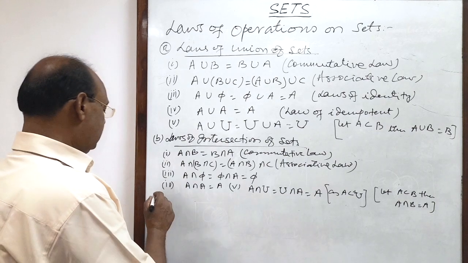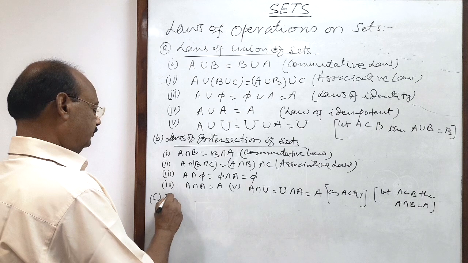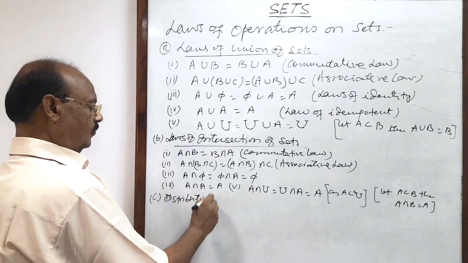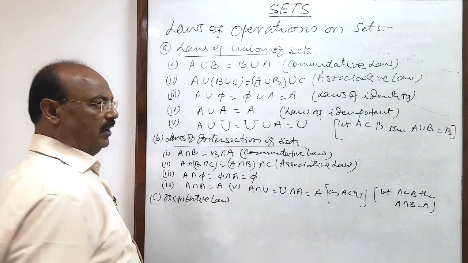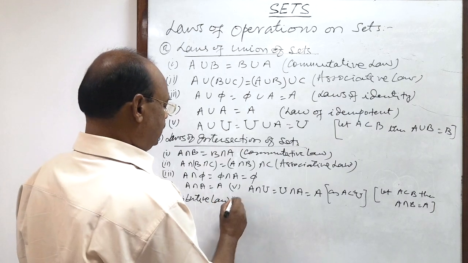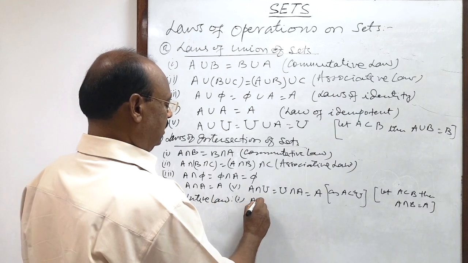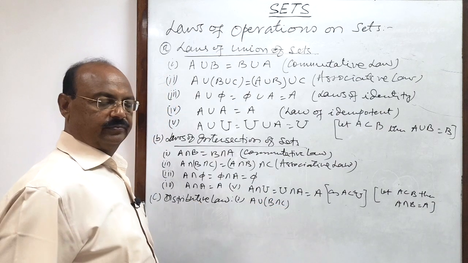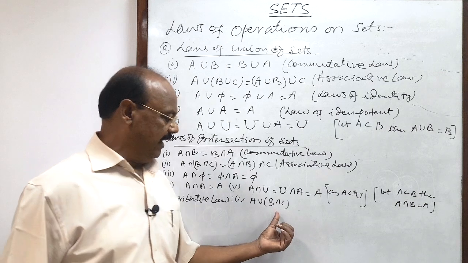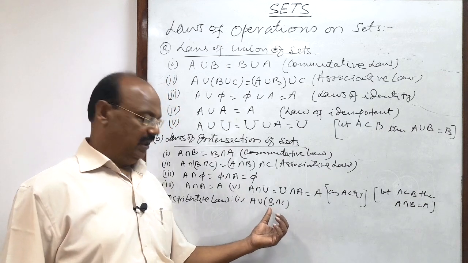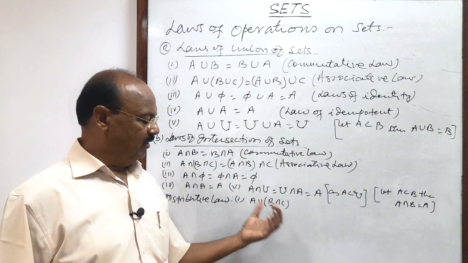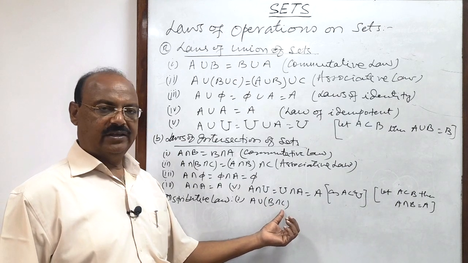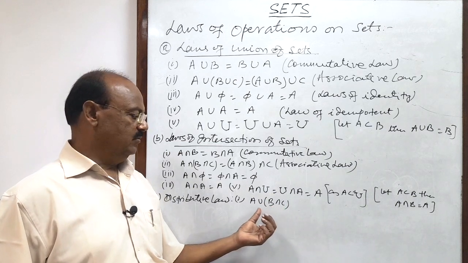Now another is the distributive law. In the distributive law, we can write A union, B intersection C. Here we have to be alert. We have to observe that B intersection C is inside the bracket, and before this bracket we have A union.